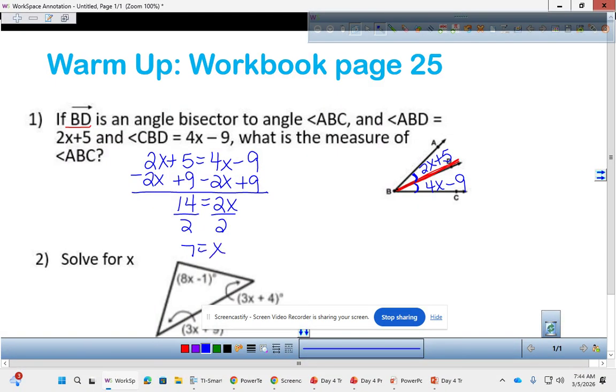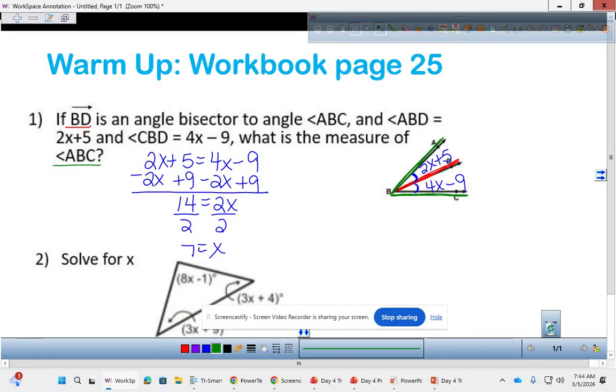I might think I'm done with the problem, but the question's saying, what's the measure of angle ABC? So let's think about what ABC is. This is a really tricky one because it has a lot of parts. ABC is the big angle. How would I get that? Angle 1 plus angle 2. I'd actually have to find them and then add them together.